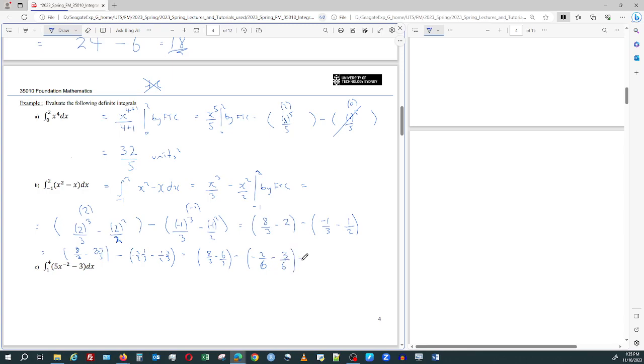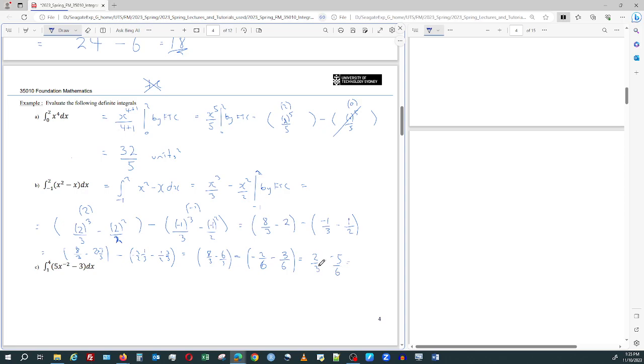And in fractions, it never goes away, does it? So 8 minus 6 is 2/3. That's that minus there. Now, minus 2 minus 3 is minus 5, minus 5/6.